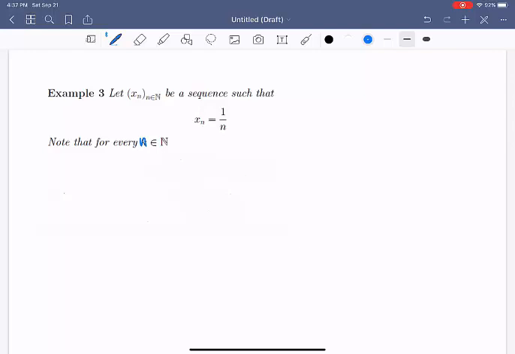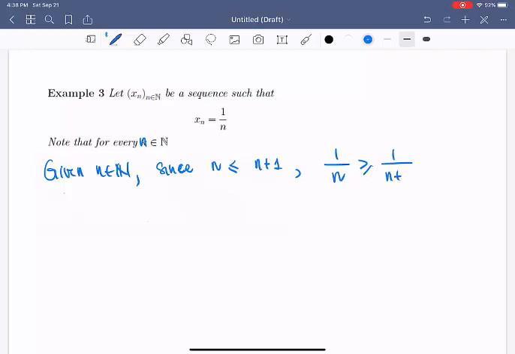Consider the following sequence where xn is equal to 1 over n for every natural number n. Now, I'll prove that this sequence is decreasing. Indeed, given a natural number n, since n is less or equal to n plus 1, then it follows that 1 over n is greater or equal to 1 over n plus 1.